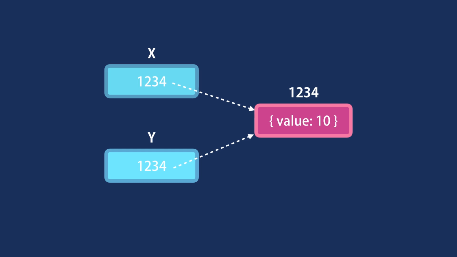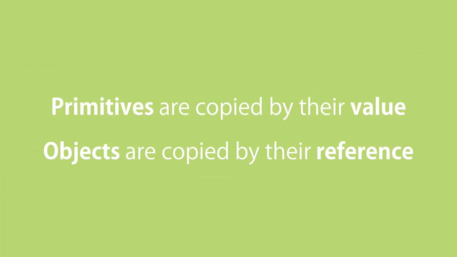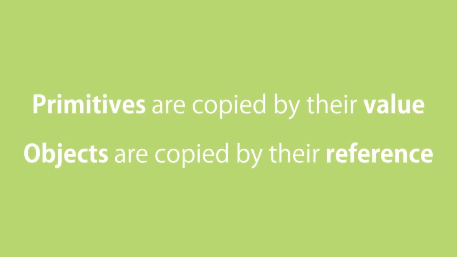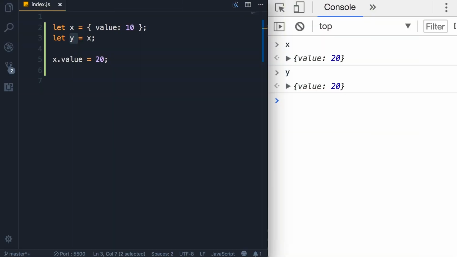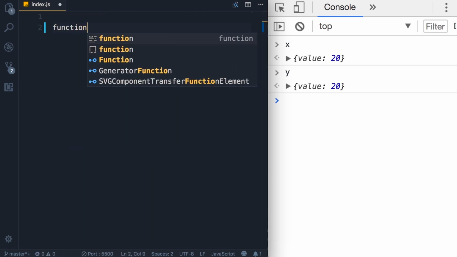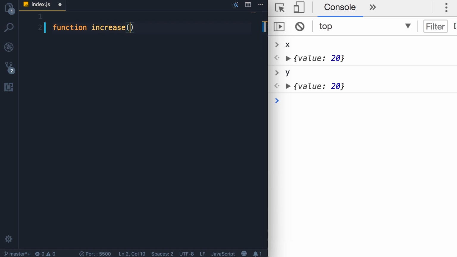So here's the conclusion. Primitives are copied by value. Reference types or objects are copied by the reference. Let's take a look at another example. So I'm going to define a function called increase that takes a number, and here we simply increase this number by 1.